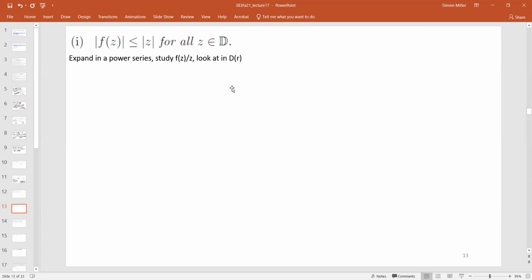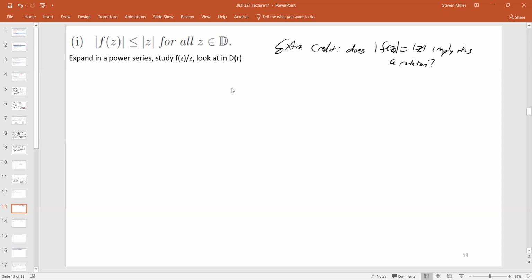So the theorem does not state that if we have an equality for all z, it must be a rotation. So I'll leave that as an extra credit. Does the absolute value of f of z equals the absolute value of z imply it is a rotation?